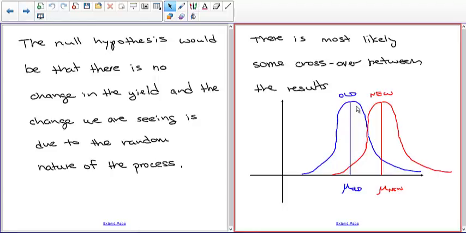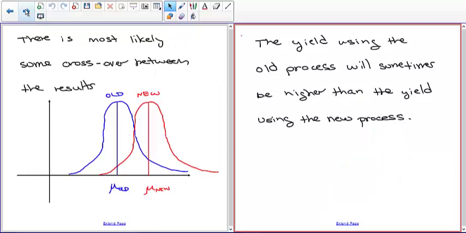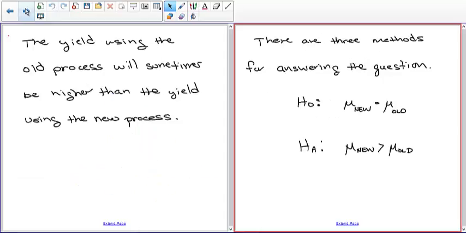Okay. So the point here is just because some of the old may be better than the new doesn't mean that there can't still be a significant difference between the two. So the yield using the old process will sometimes be higher than the yield using the new process, even if the means are different, just because of the standard deviation of the measurements.